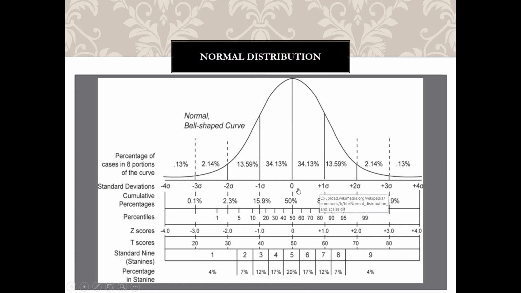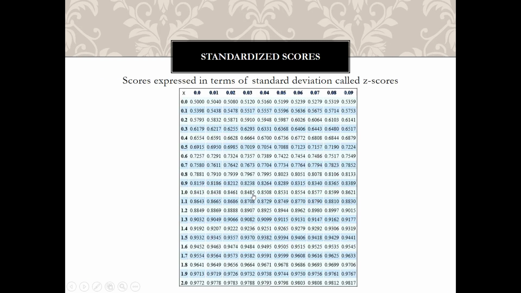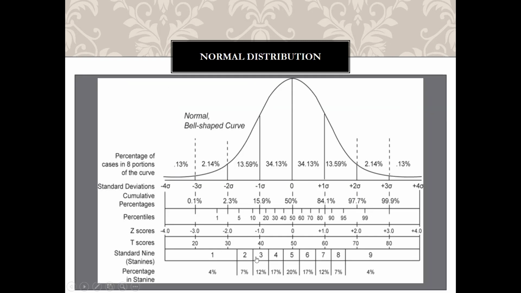So here you have the mean, 1 standard deviation, 2 to 3, and negative 1, 2, 3. And this gives you the probability of those data falling in those parts of the curve.